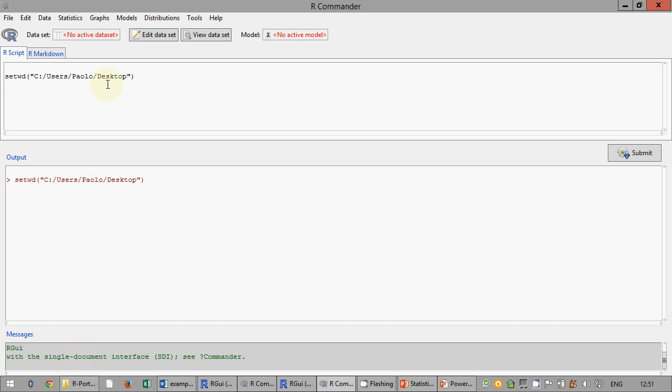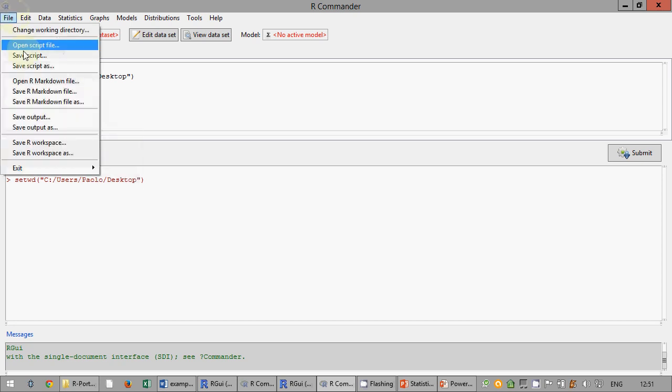When you finish your work, you have several things that you can save. You can save the script window, which is usually something I ask you to do because it's the way I use to correct your exam. So learn how to save the script window. Save script as.